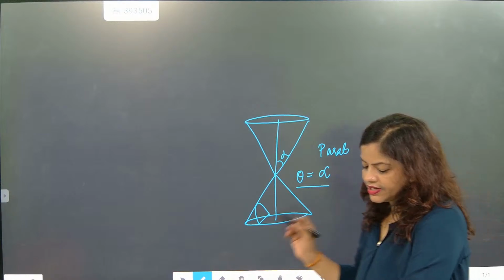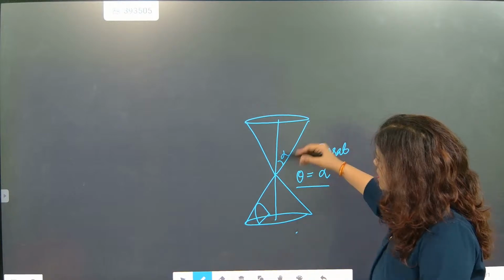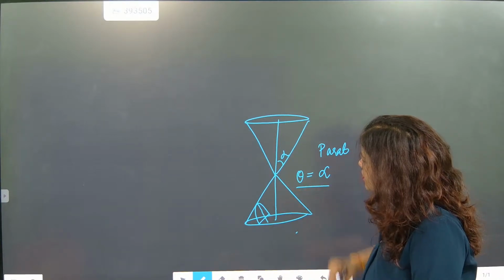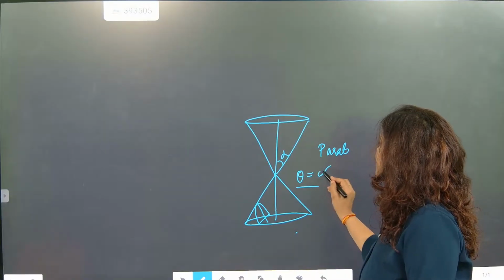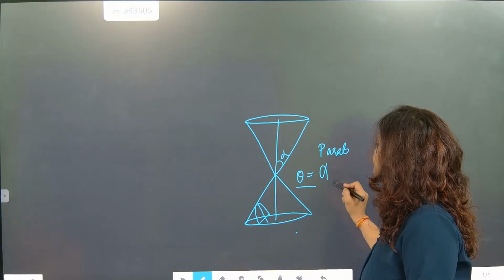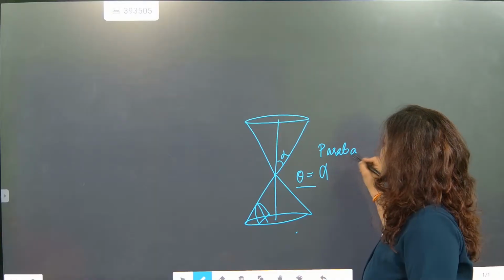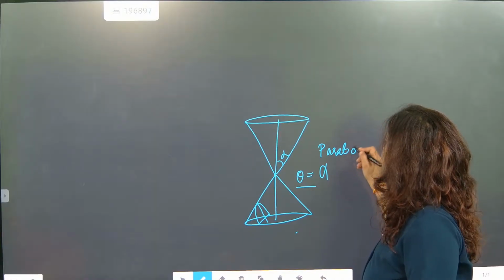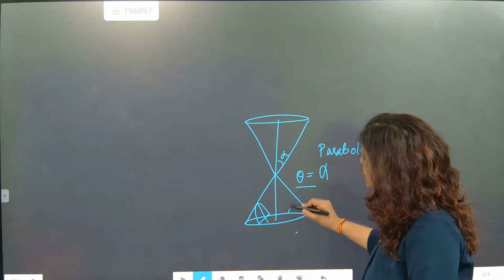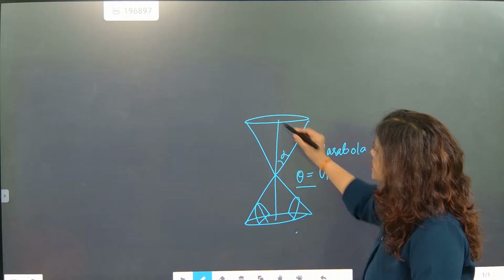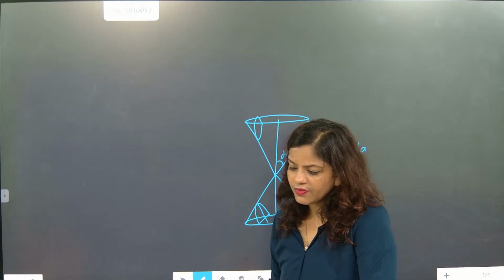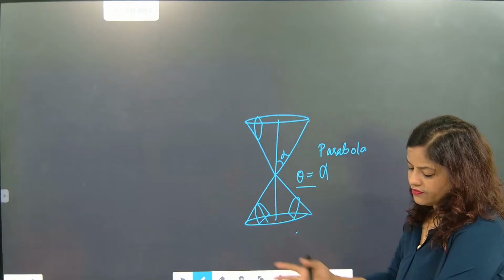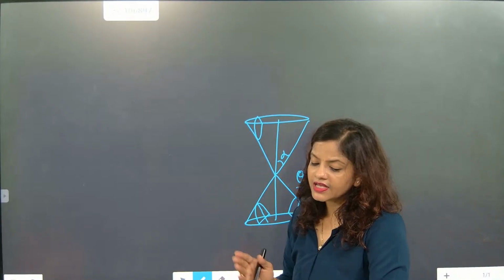Whenever theta is equal to alpha, it is called a parabola. Like this, many cuts we make will be parabolas. Got it? Only one thing: theta should be equal to alpha, then it is considered a parabola.